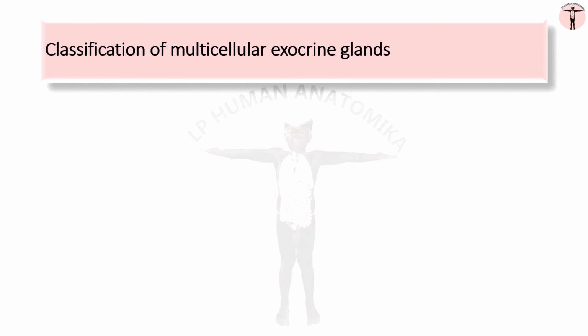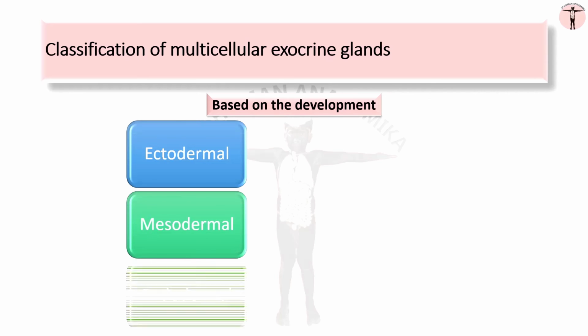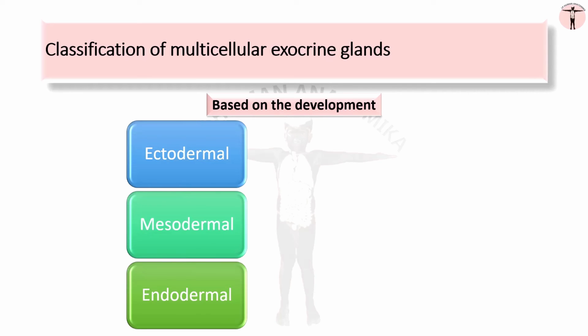And coming to the last classification of multicellular exocrine glands, which is based on the development, that is which germ layer it develops from. It is classified into ectodermal, mesodermal and endodermal glands. If the gland develops from the germ layer ectoderm, it is called ectodermal gland.